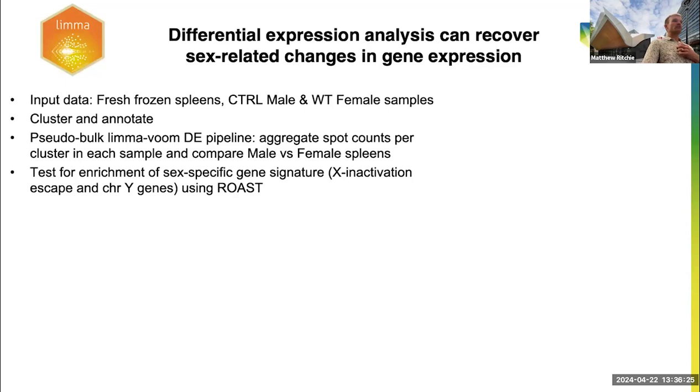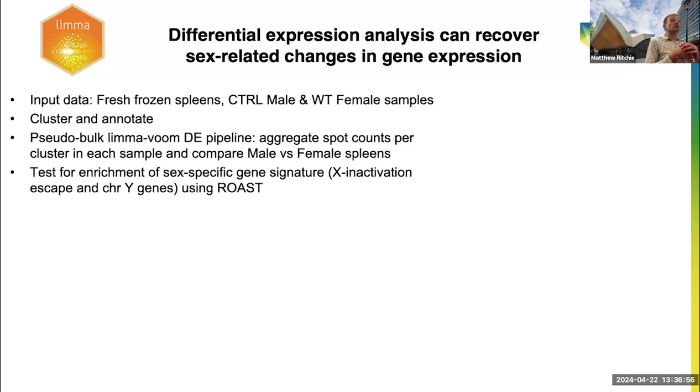So that's one level of ground truth. Do we reconstruct the different zones and areas we expect in our tissue? The answer there is yes. But another layer on this is that, remember, I said that we have samples coming from male and female mice. In those instances, a germinal center cluster should be pretty similar. But there'll be certain genes that are missing in one or present in the other if we focus on sex-specific genes on the X and Y chromosomes, for example.